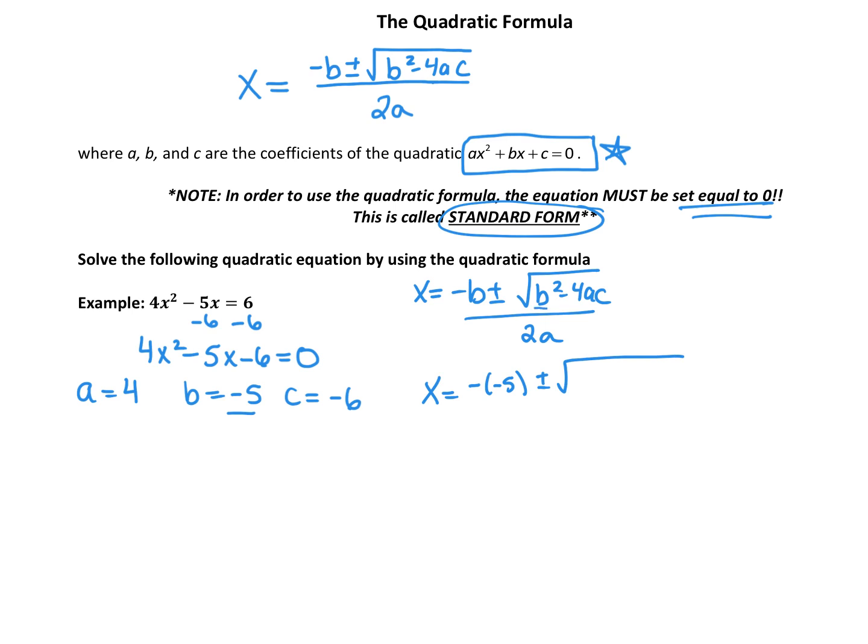Every number I plug in for b and a and c, I'm going to put in parentheses. So b, negative 5 squared, minus 4 times a, which is 4, times c, which is negative 6, all over 2 times a. So when I go to simplify this, I'm going to do a couple of things. First, I'm going to look at this negative 5, and I know that's going to become a positive 5.